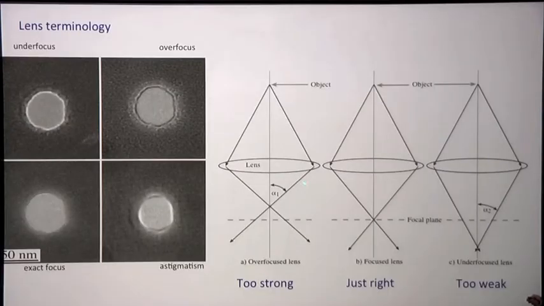Over focus means you turned up the current too much in the coil. It means you bent the rays harder than you thought, and you end up focusing above the plane. If this is your sample here, just a carbon film, over-focused would be this, and you can tell by the color of the fringes at the edge. These are called Fresnel fringes, and because this one is black, you know this is the overfocus condition.